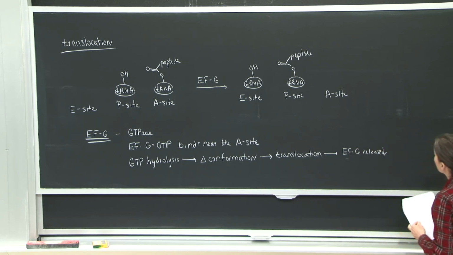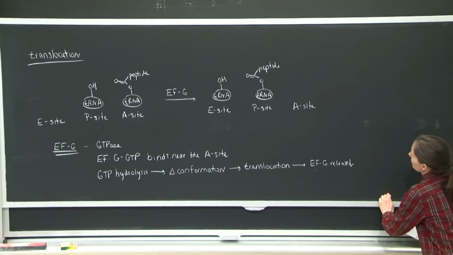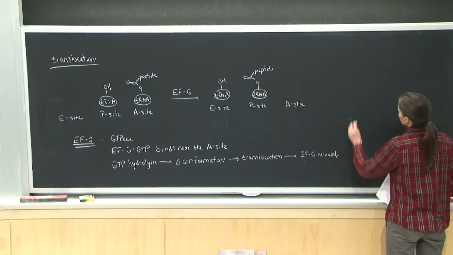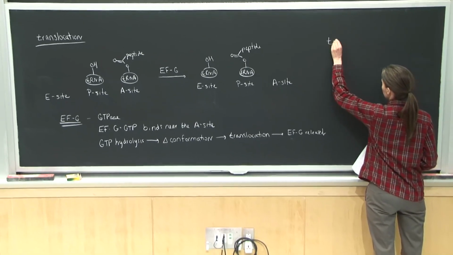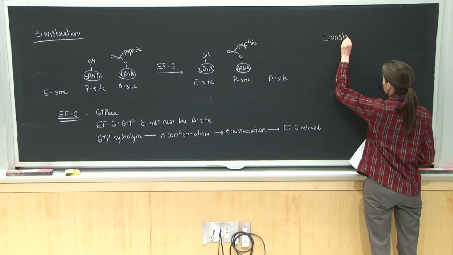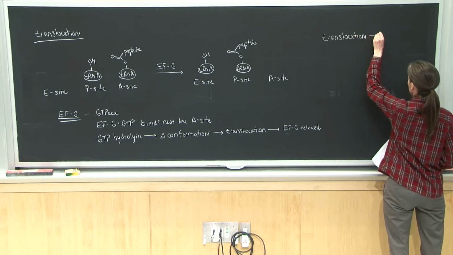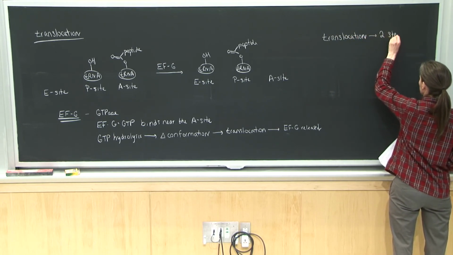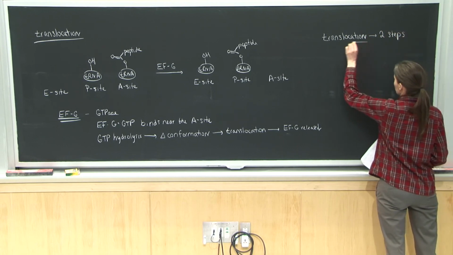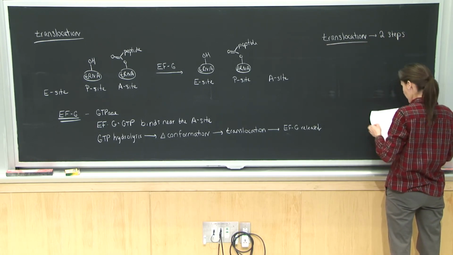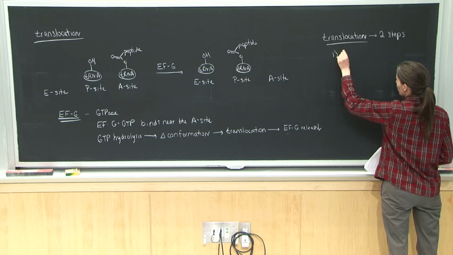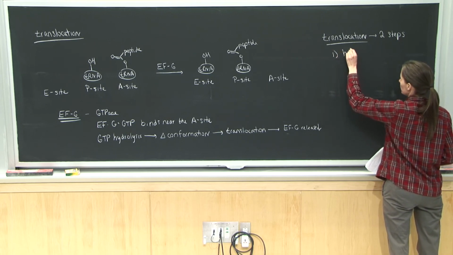Okay, and in thinking about translocation, we think about two steps. Okay, and so the first step is something called formation of hybrid states.